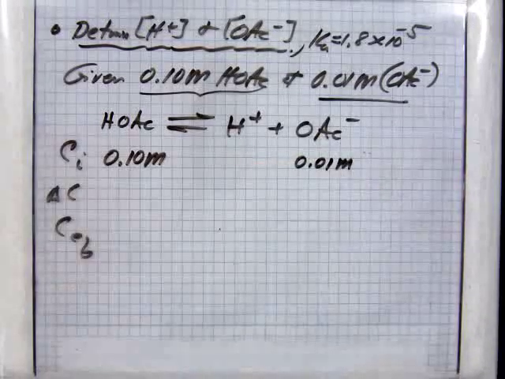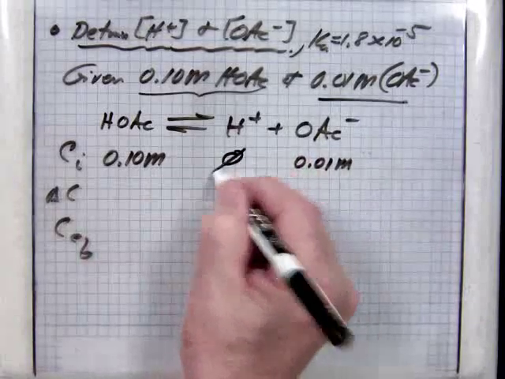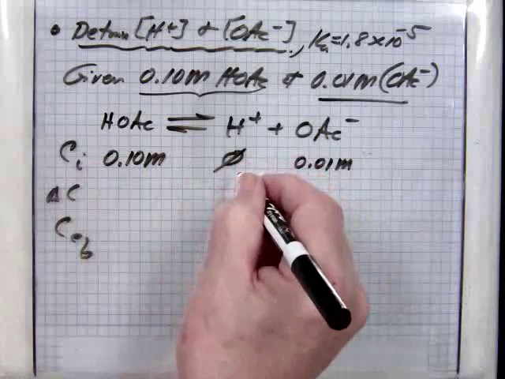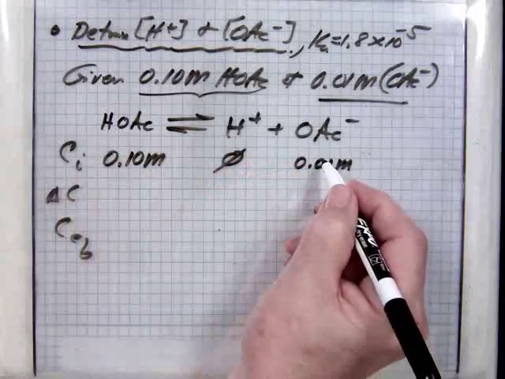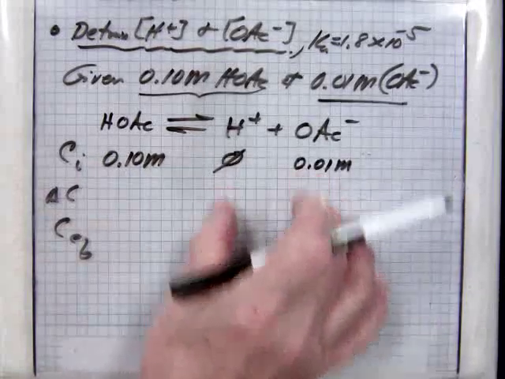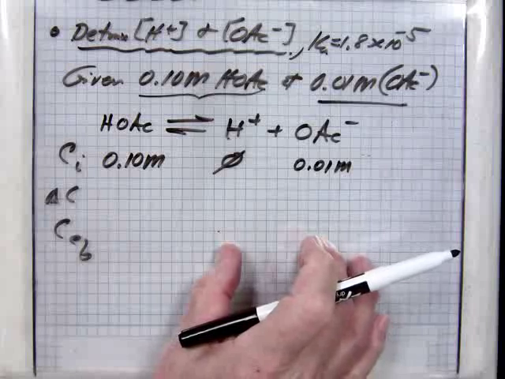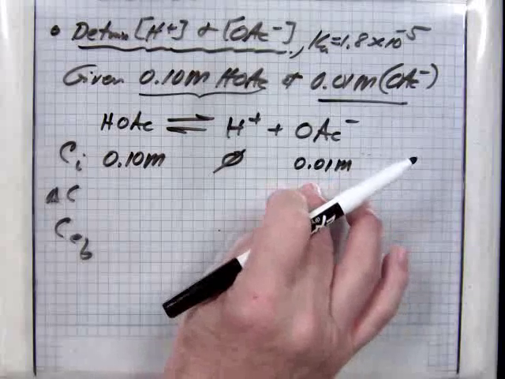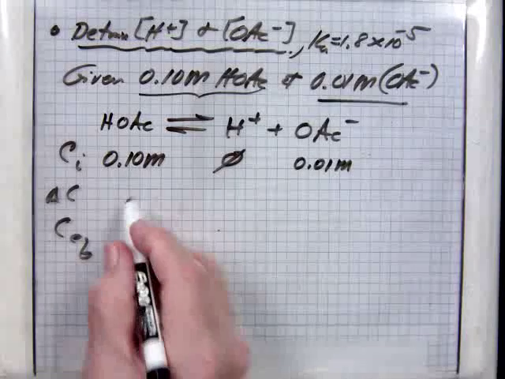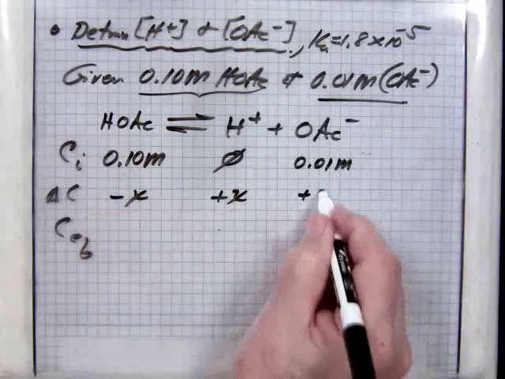What we don't have is the hydronium ion delivered into solution from the 0.1 solution in the presence of the common ion. So that's why you can't use the square root formula, because you won't have the x squared in the Ka expression. Part of that x is the 0.01. It's already present. Now from here to the equilibrium, you decrease by x, increase by x, and increase by x.